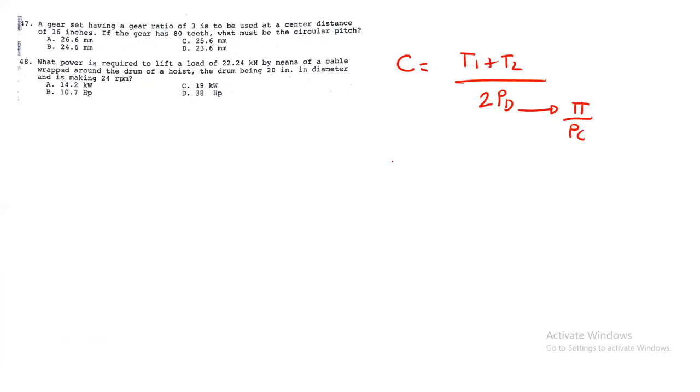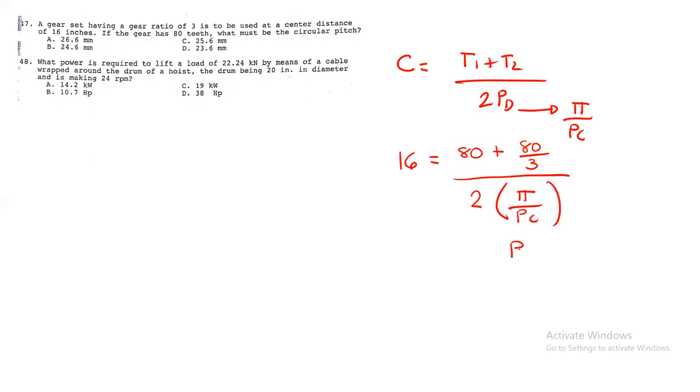So, what is our center distance? Our center distance, 16 inches, is equal to T1, which is 80 teeth, plus the T2 we will use, which is 80 divided by 3, divided by 2 times pi over circular pitch.